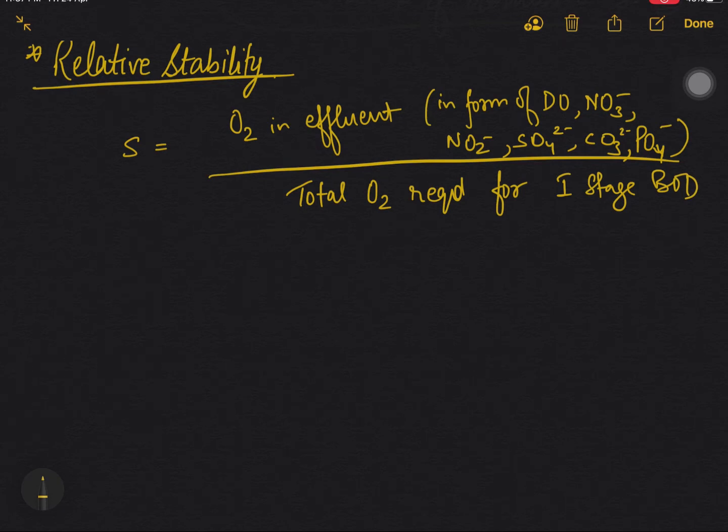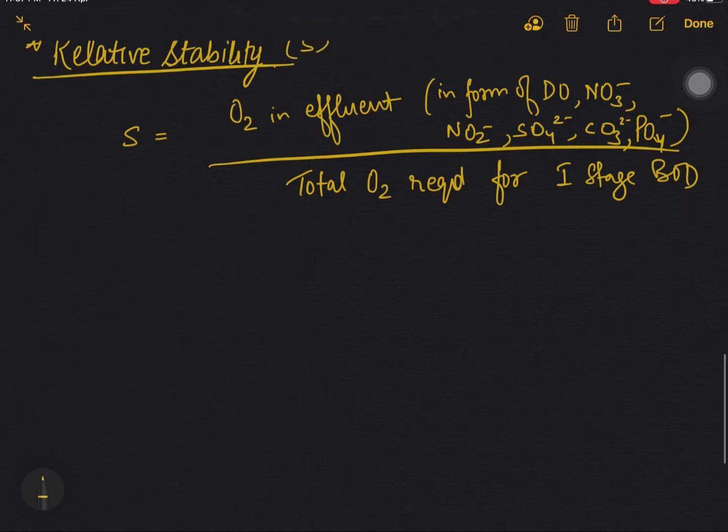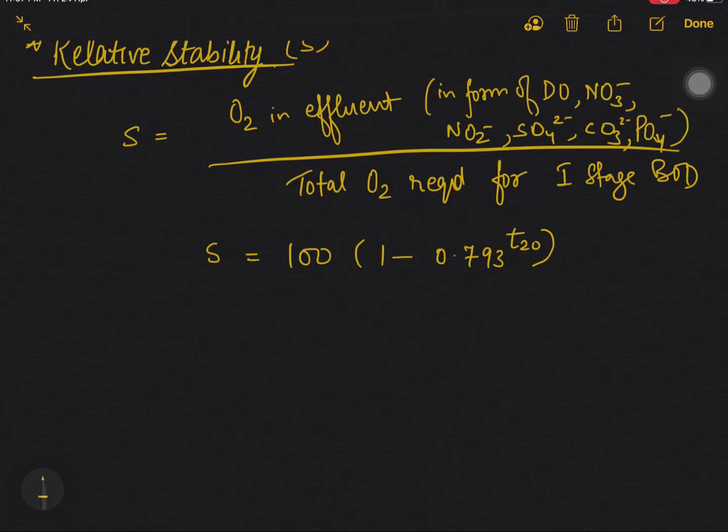So this is how we define it, and if these terms are not directly given, we can use an empirical relation which is given as S equals 1 minus 0.793 to the power T20. What is T here? T is the number of days.